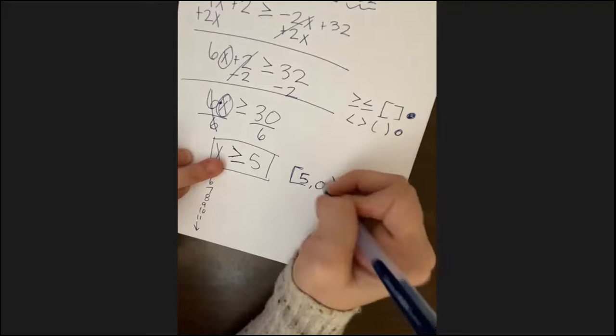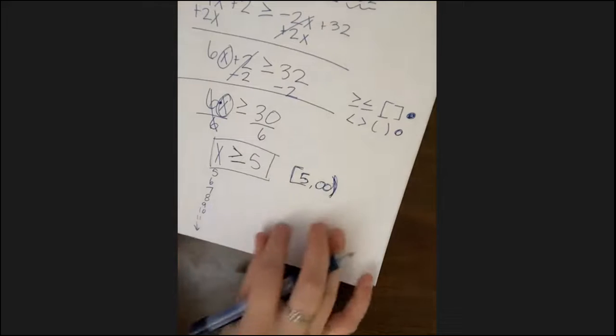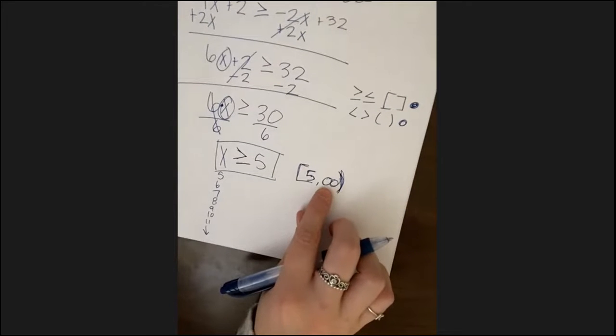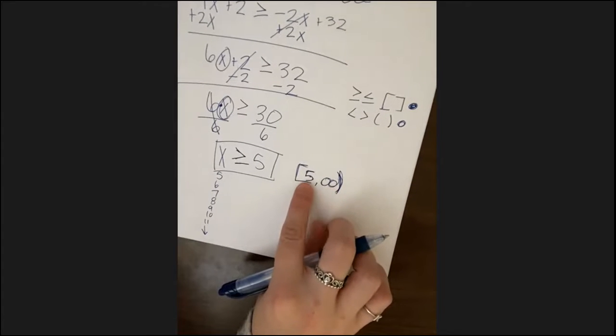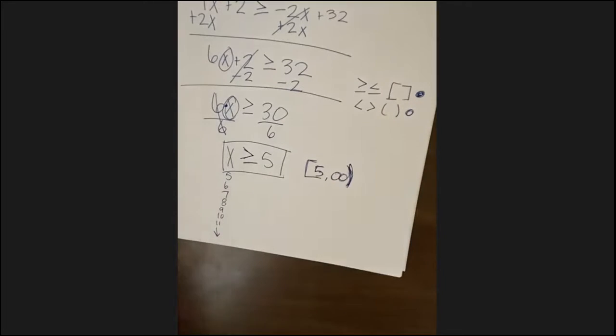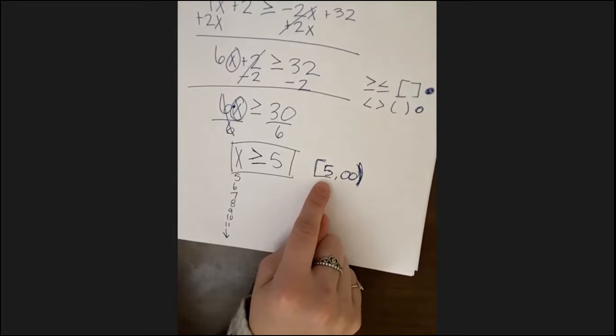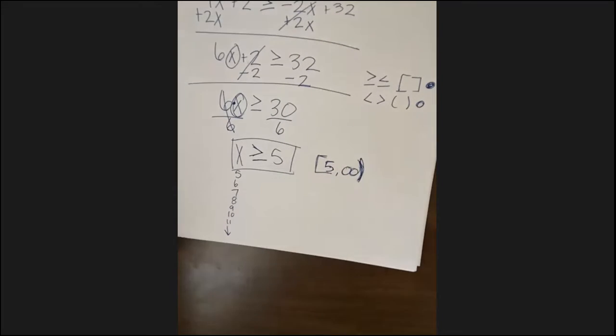Remember, the infinity signs always get a parentheses. You will never have an infinity sign on this side or that side and have a bracket. It has to have a parentheses. Do we understand why this is the notation? And again, it helps me more if you say, no, I don't understand, because I can explain it again.